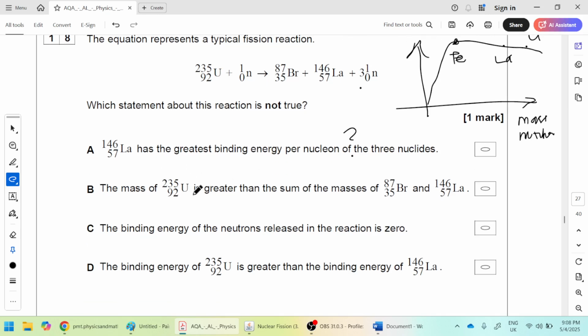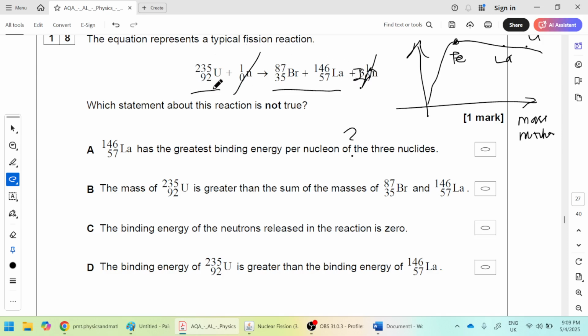Let's take a look at this one. Mass of uranium-235 is greater than the sum of the masses of this and this. What I can see, everything is balanced out. There's a neutron here, and there are three neutrons over here. If I cancel one neutron, it leaves this side with two, right?